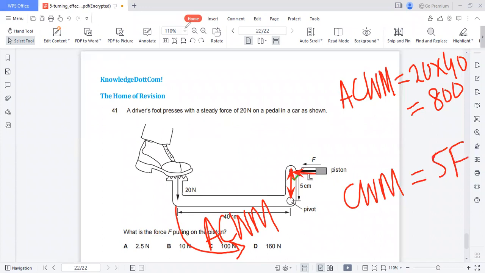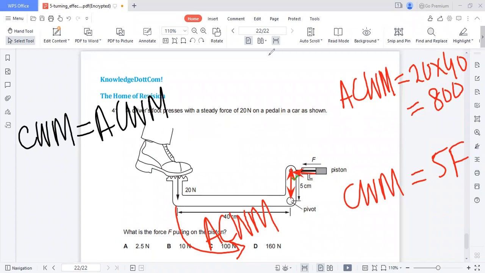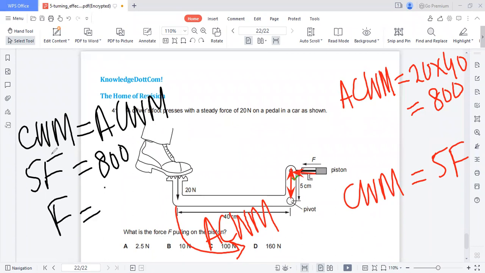If clockwise and anti-clockwise moments are equal, then 800 equals 5F, so 160 newton is the force. So option D is the correct option.